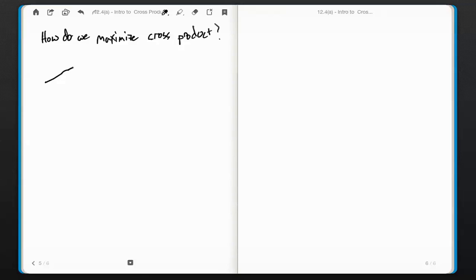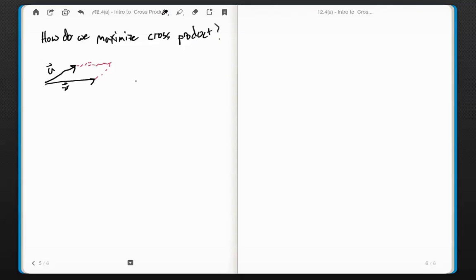So if I have two vectors that are at a pretty small angle relative to each other, like this, u and v, that doesn't make a terribly big parallelogram. Kind of goes like that. So it's all right, but it's not the biggest one you might be able to get.